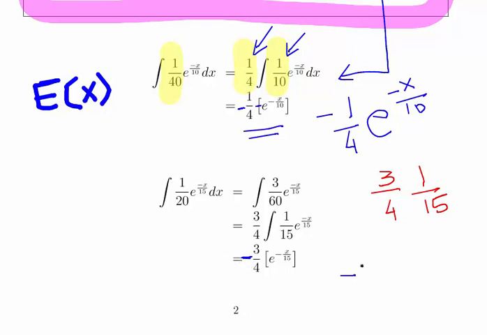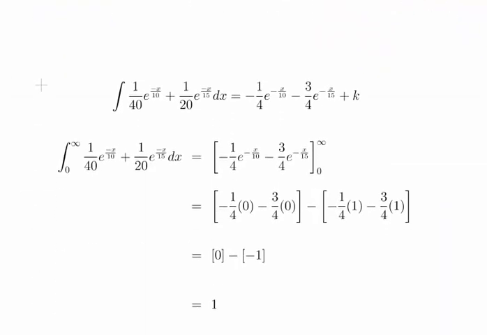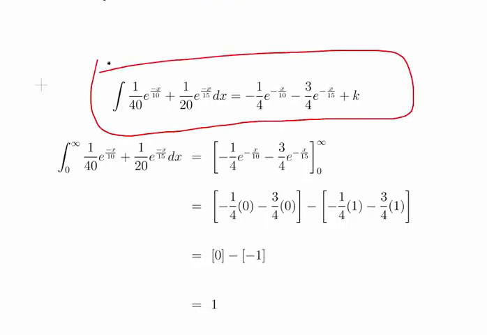So minus 3 over 4 times e to the minus x over 15. Okay, so those are the two component parts, and I have the minus signs back in there properly, so all's back in order.